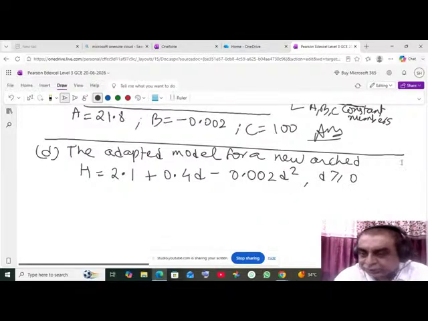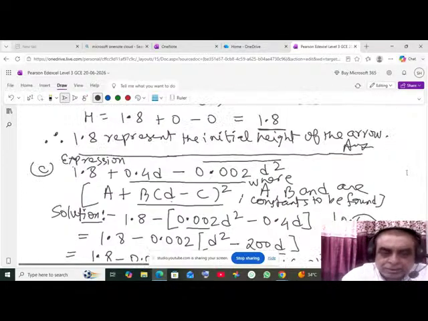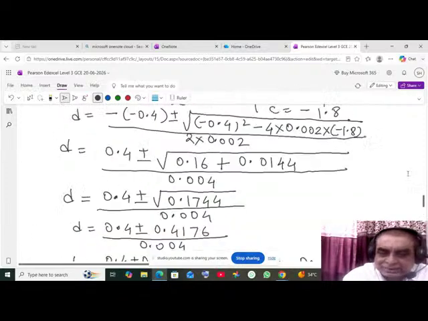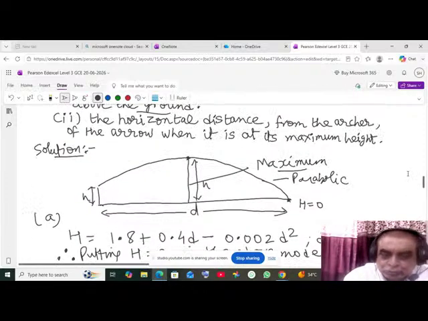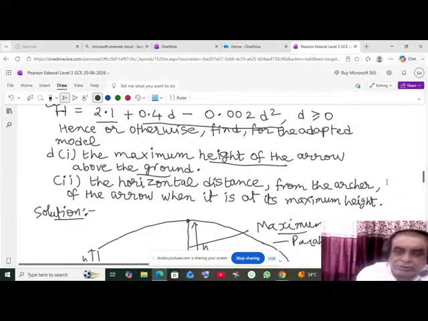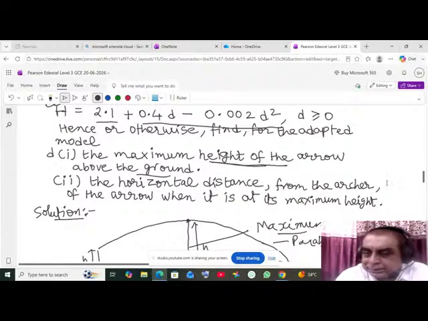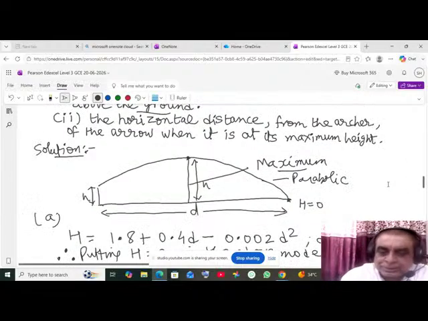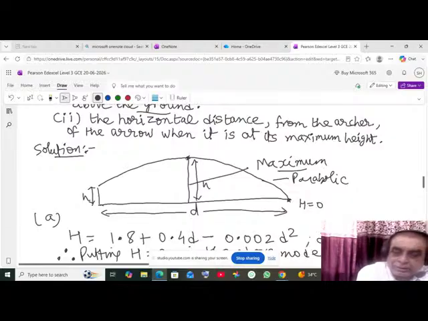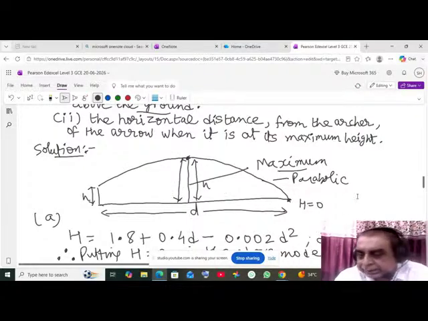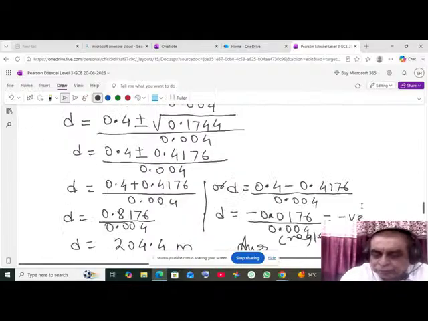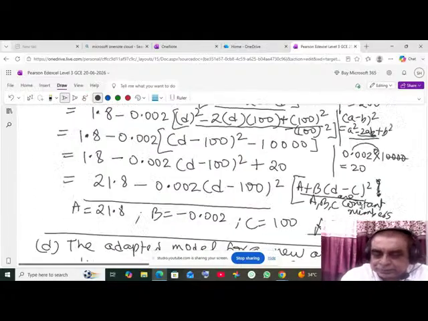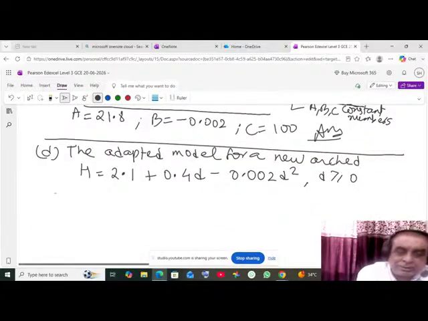We are asked in the first part, what is the maximum height reached for the new archer? For the new archer, what is the maximum height above the ground? So here we have to find this distance, the maximum height. Now see how we find the maximum height.